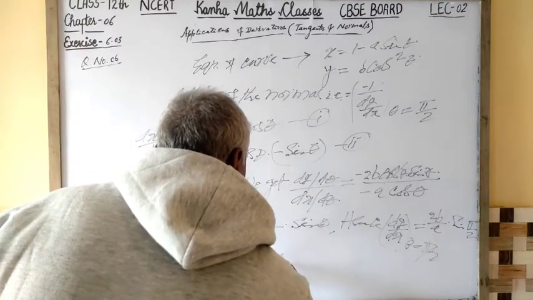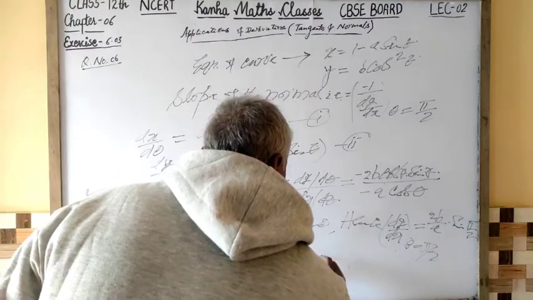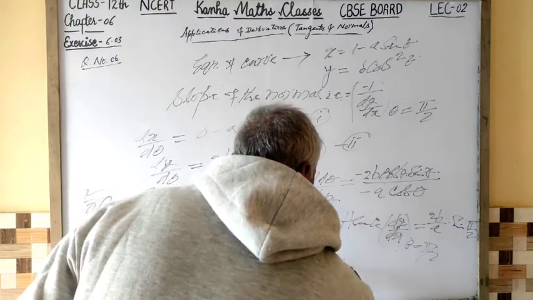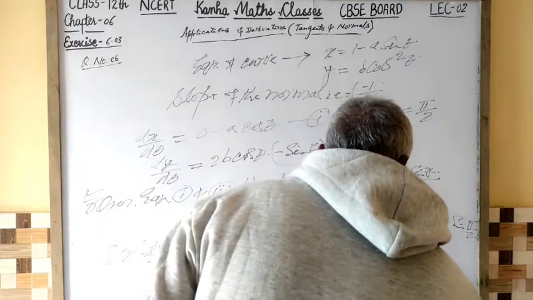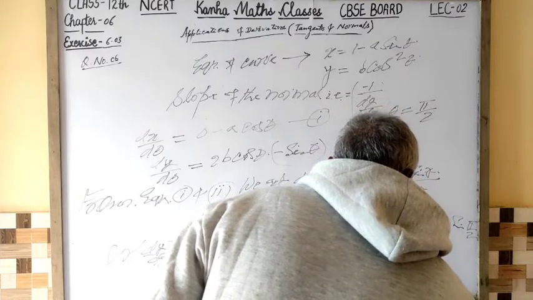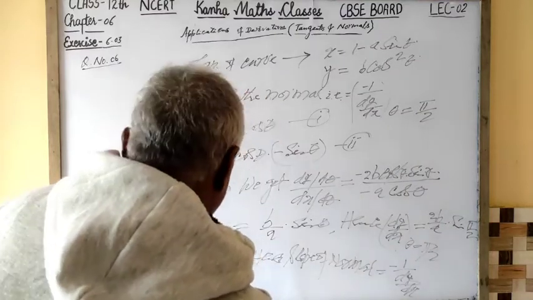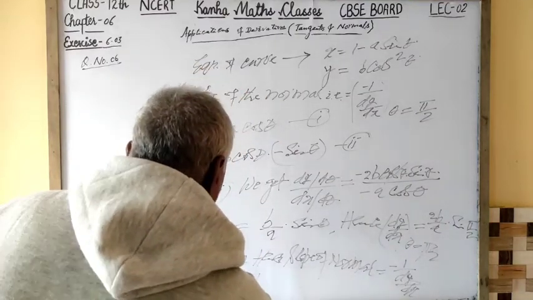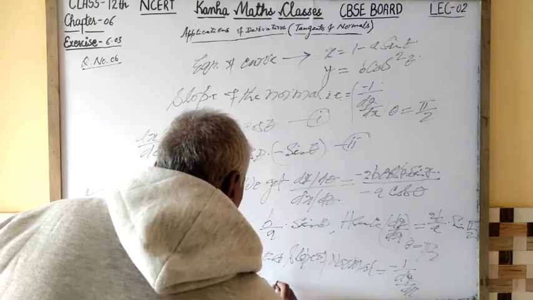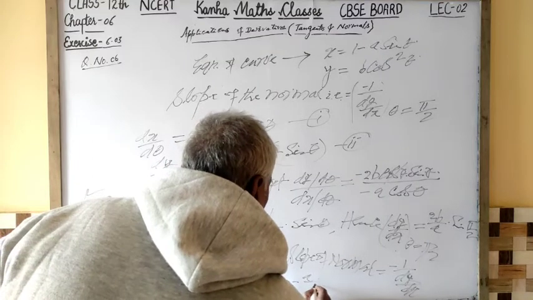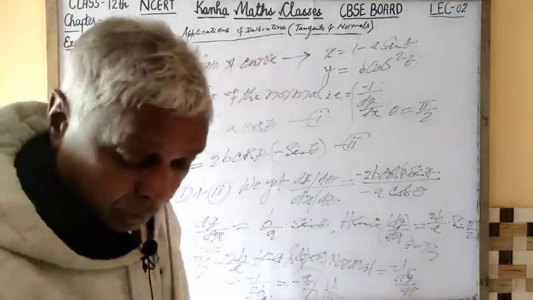Hence the slope of the normal is equal to minus 1 upon dy by dx, that is minus 1 upon 2b by a, that is minus a upon 2b. This will be the requisite slope of the normal.